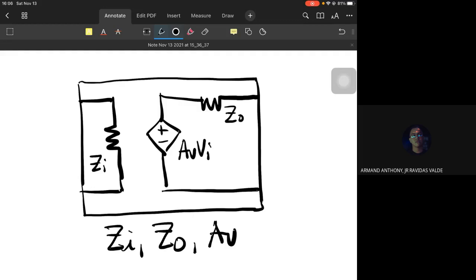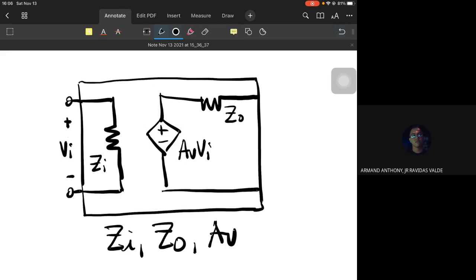Where is VI measured? VI is measured here, the voltage at the input portion. Whatever the voltage is here, multiply it by AV, and that's the value of the dependent source that models our system.